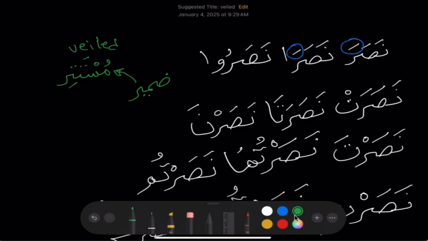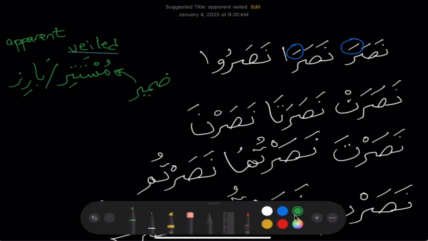Domir mustatir. And then when we said nasara, where's the doer? It's the alif. We're actually saying the doer here. And that's called domir bariz. Bariz means apparent. Nasara. That pronoun is there.